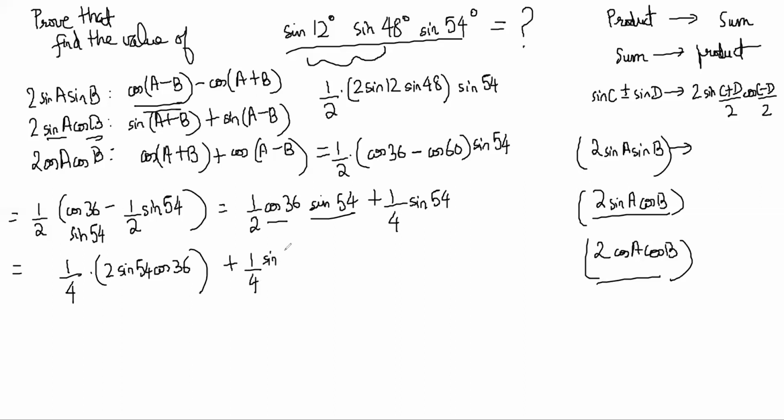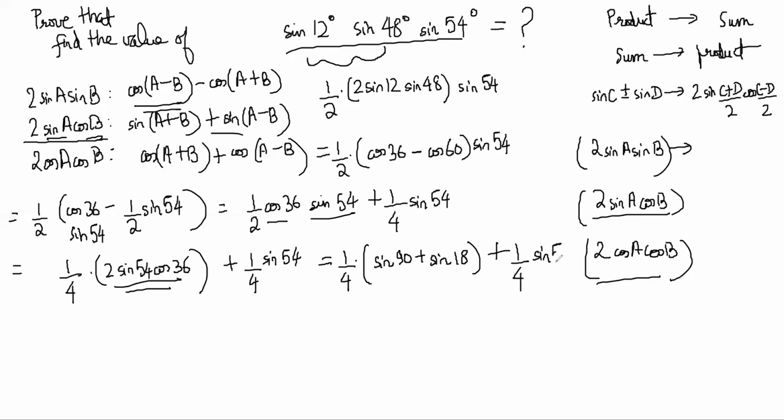plus 1 by 4 into sin 54, right? And I will now use the second transformation. So 2 sin A cos B is sin A plus B plus sin A minus B. So that becomes sin of 54 plus 36, which is 90, plus sin of 54 minus 36, which is 18, plus 1 by 4 sin 54, right?